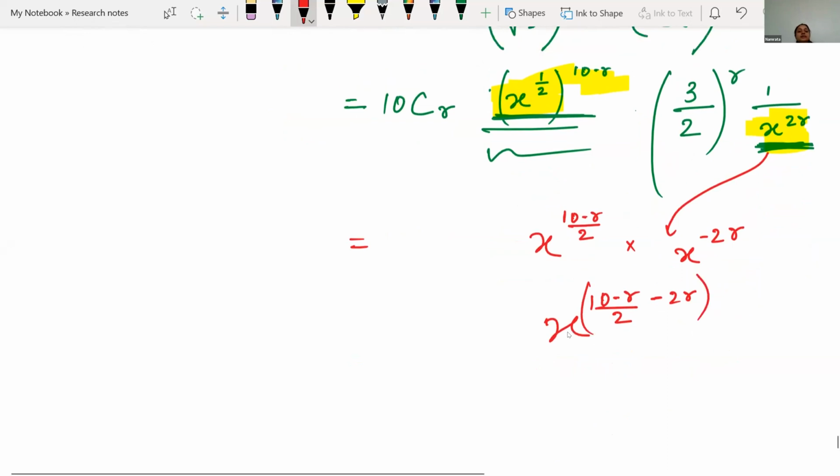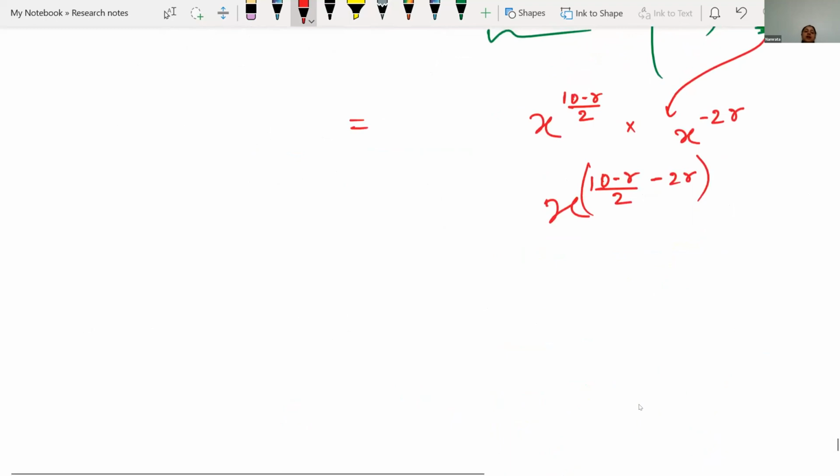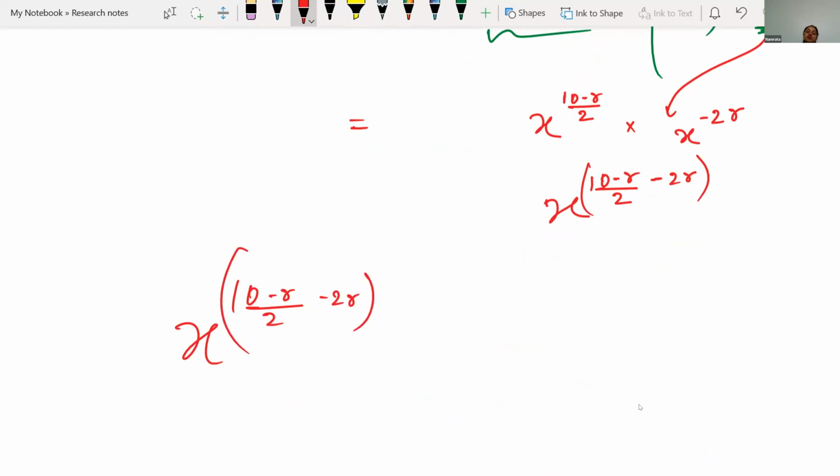Now, since we said that the r plus 1th term is independent of x, that means there is no x over here. Whatever x power we have got, x to the power (10 minus r) by 2 minus 2r, must be equal to x to the power 0.